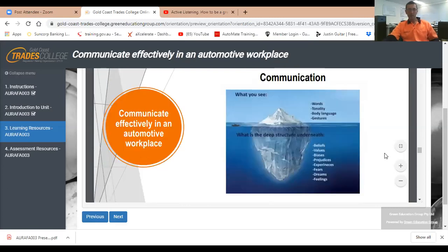A little bit more about communicating in a workplace. There's the iceberg principle, which is another consideration when you're talking to somebody. The words, the tonality, the body language, and the gestures are the things that you can see. But as illustrated in this picture, what's underneath what you can see?